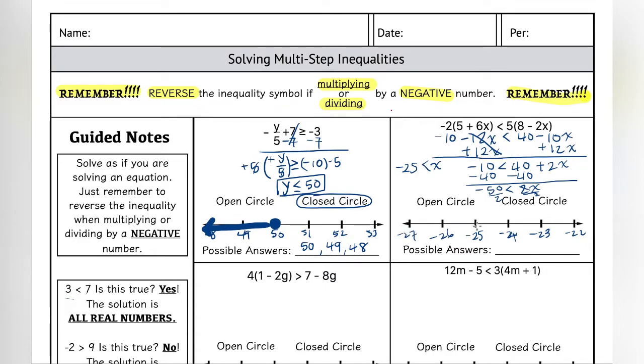This is an open circle at negative 25. And because x is greater than negative 25, our graph goes to the right. Some of the possible answers are negative 24, negative 23, and negative 22.